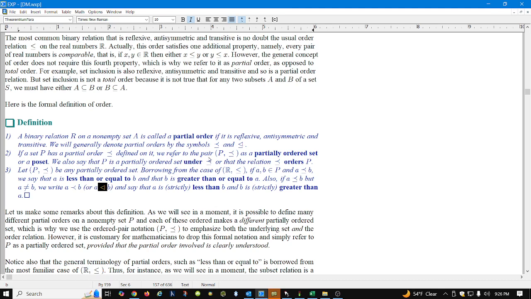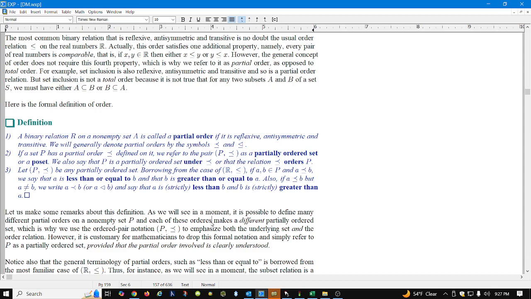I should remark further about this ordered pair notation. Why do we need an ordered pair? Well, it's possible in general to define many partial orders on a given non-empty set. And each of these orders makes a different partially ordered set.